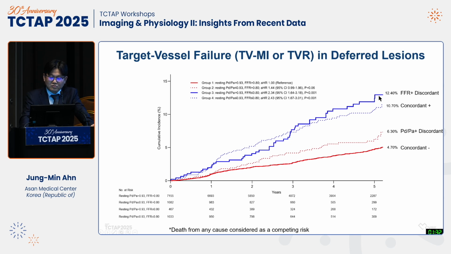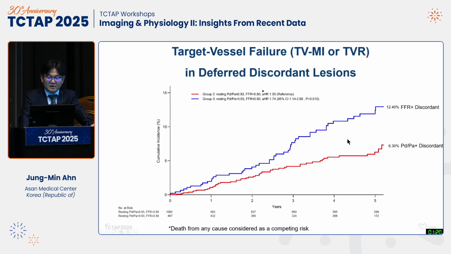The FFR positive discordant lesion shows a very high target vessel failure rate. Looking at only the 2 discordant lesions, compared with the PDPA positive discordant, FFR positive discordant significantly increases the risk of target vessel failure.